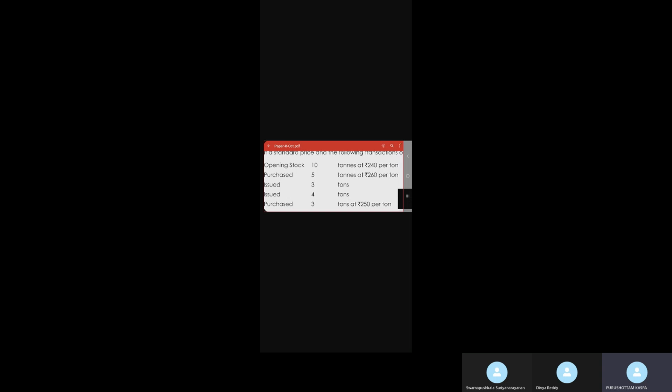So 10 into 240, 2400 plus 20, 2420, divided by opening stock in tons, 10. So 2420 by 10 is 242. This is the issue price. The standard price at which materials will be issued is 242, and whatever the rate at which you are buying, the issue price is always 242.